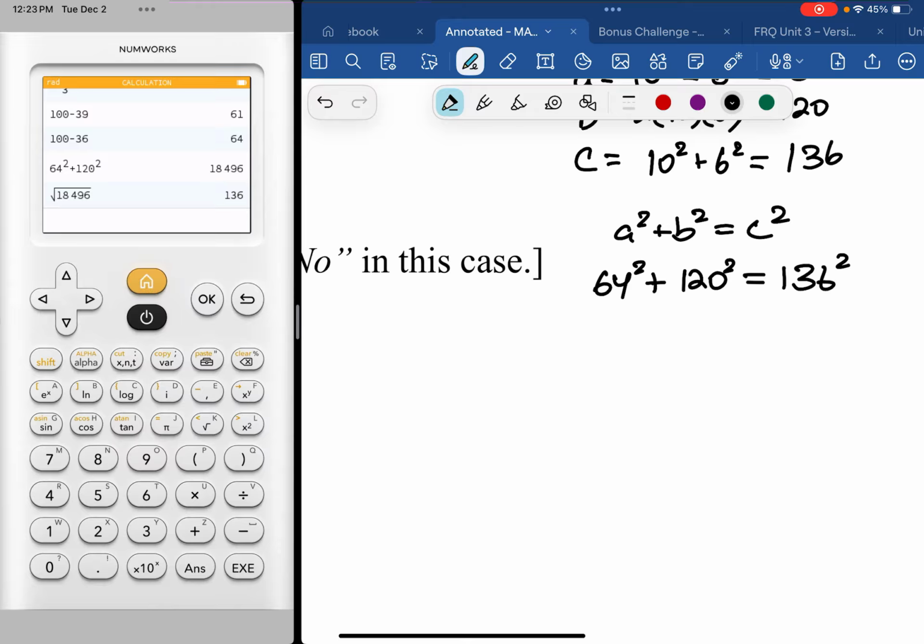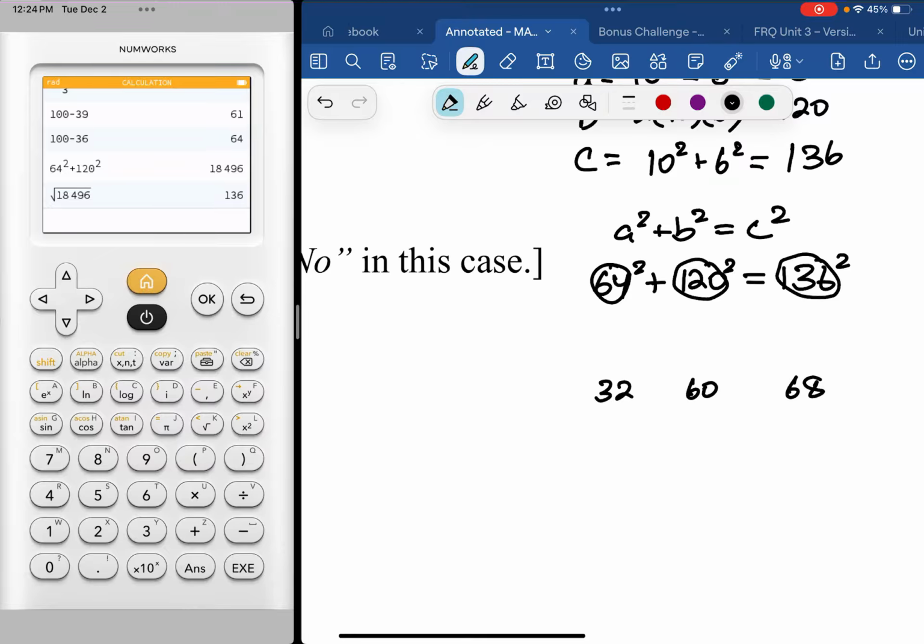So 64, I could make a 32, a 60, and that would be a 68. I'm just chopping these three numbers, my A, B, and C values, in half. It's a quick way. If they're all even, then it should work.